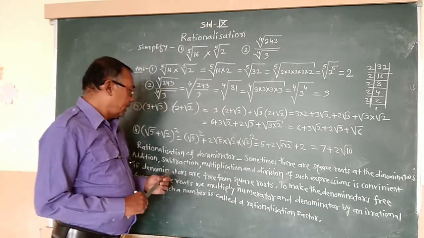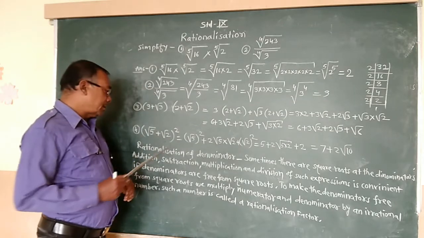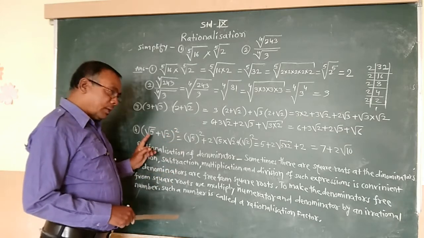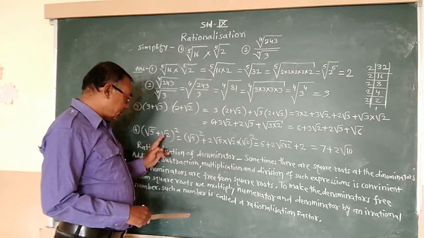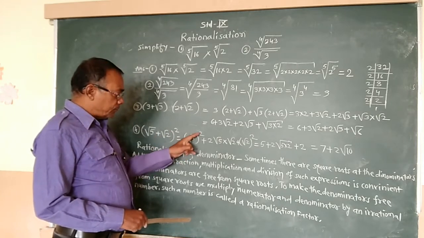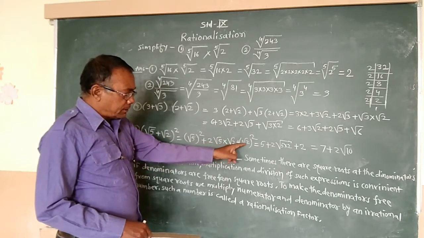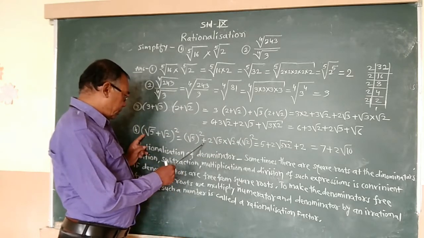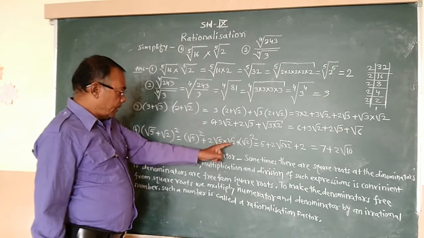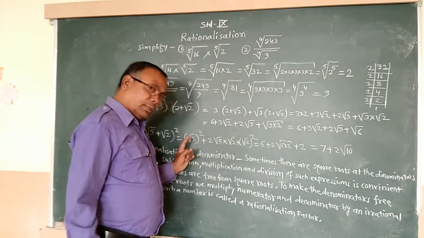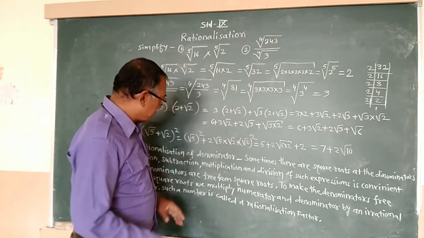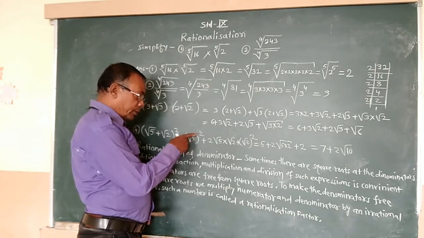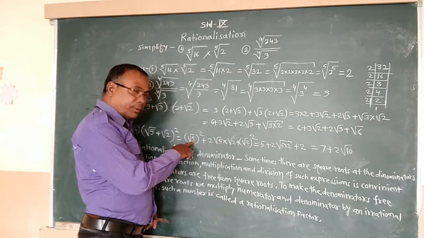Now we will see one more example: root 5 plus root 2, bracket squared. We are going to apply the identity a plus b bracket squared equals a squared plus 2ab plus b squared, so root 5 squared plus 2 into root 5 into root 2 plus root 2 squared. Here root 5 squared has exponent 2 and order 2, so they get cancelled and we get only 5.